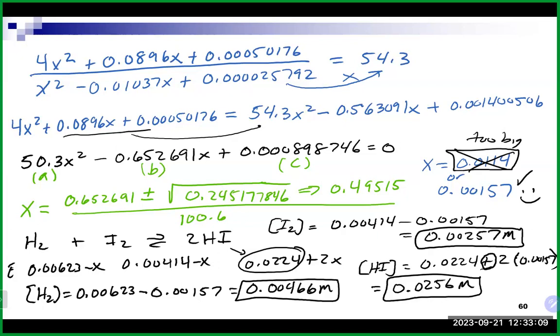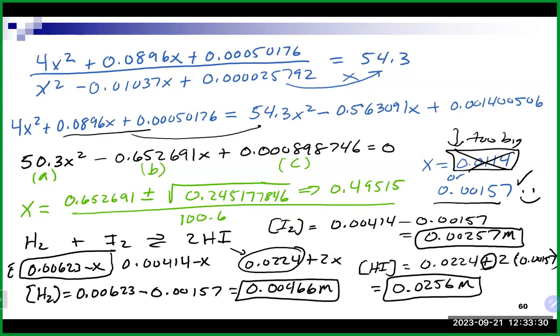Why did I choose the one that we use versus the one here? Yeah, so really, if we took the other number and, for example, if we put it into this here, which is the equilibrium line, it would give us a negative concentration when we put that X value in there because it's larger than what we're subtracting it from. So that we know for sure you can't have a negative concentration.